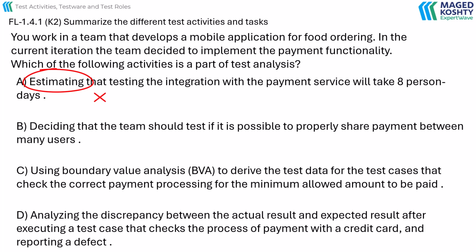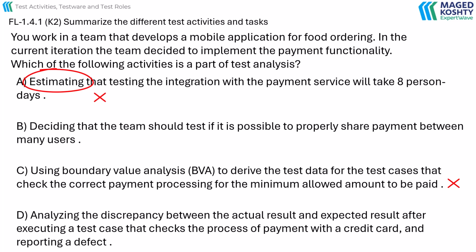Option C. Using boundary value analysis, BVA, to derive the test data for the test cases that check the correct payment processing for the minimum allowed amount to be paid. Deriving test data is done during the test implementation phase, so this is incorrect.